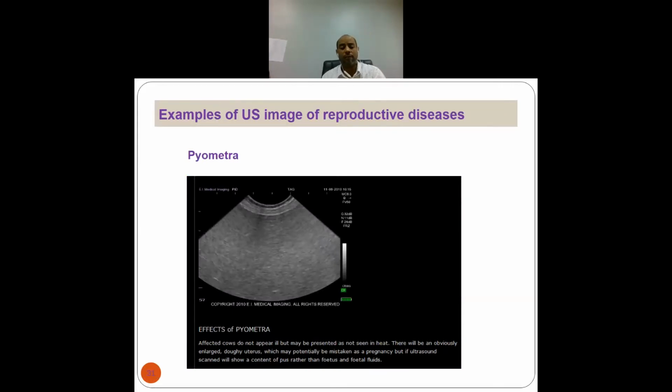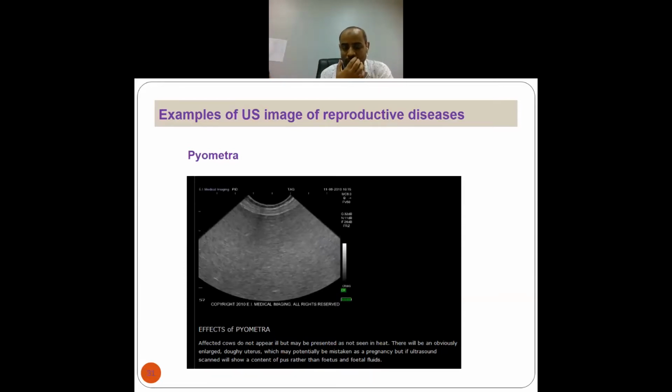Another type of reproductive disorder that you can easily diagnose using ultrasound is pyometra. When you have accumulation of pus within the uterus, if you do just rectal palpation, you may get confused, as it may feel like a normal pregnancy because of the contents.